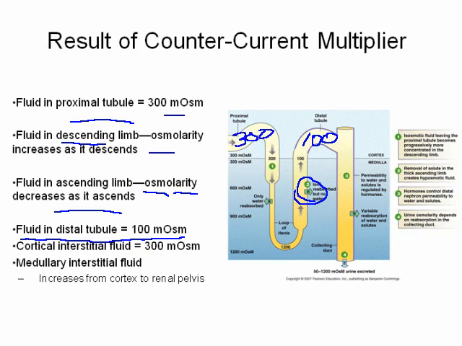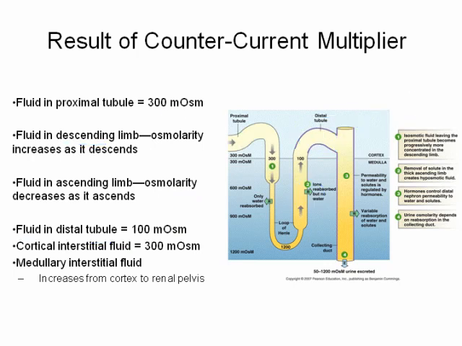And of course, in the surrounding tissue, the interstitial fluid here in the cortex, it's also 300. So this is also below the osmolarity of the surrounding tissue. So the cortical interstitial fluid, as I said, is 300 milliosmoles. The medullary interstitial fluid increases from the cortex to the renal pelvis.